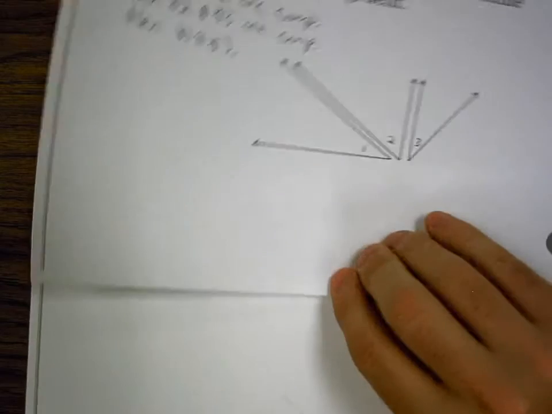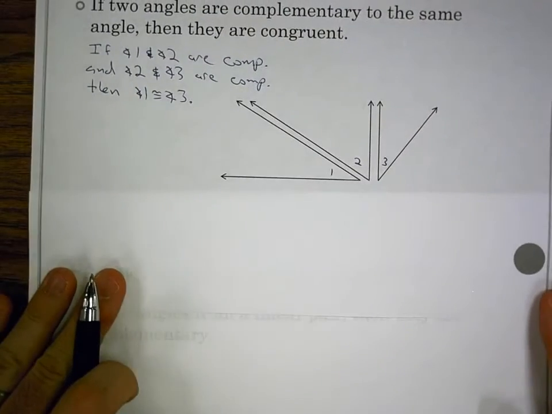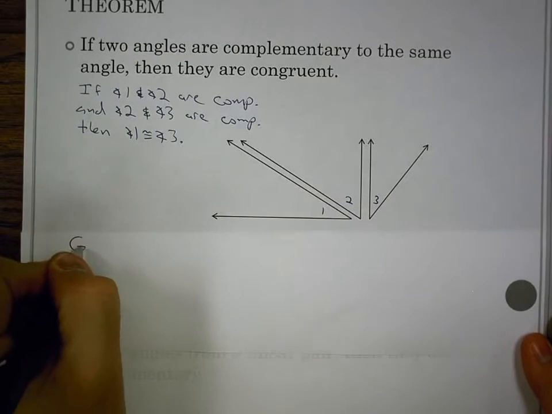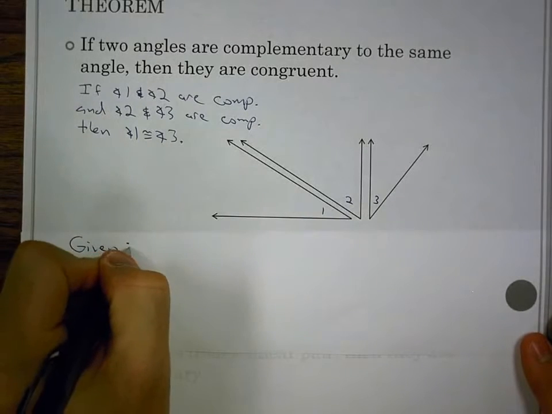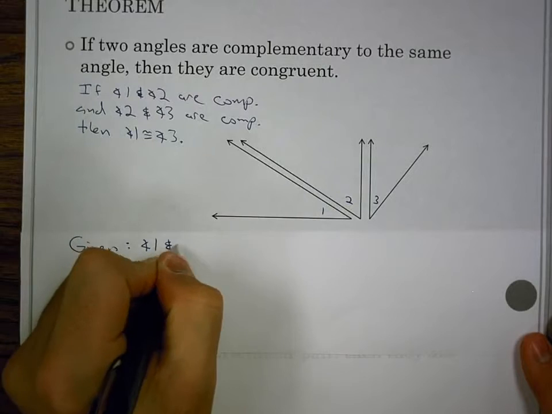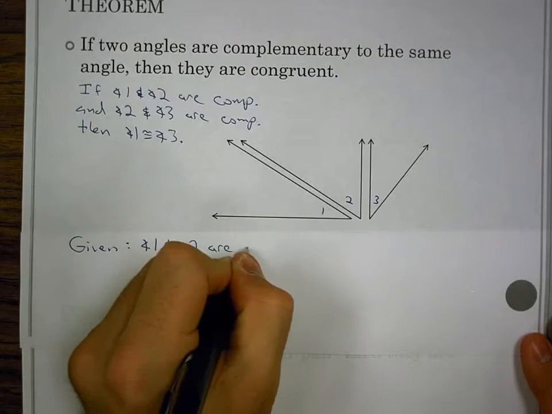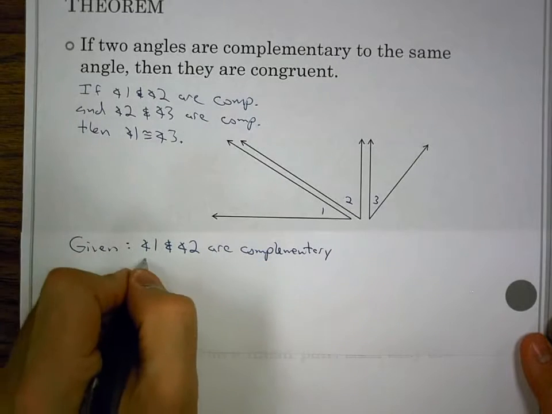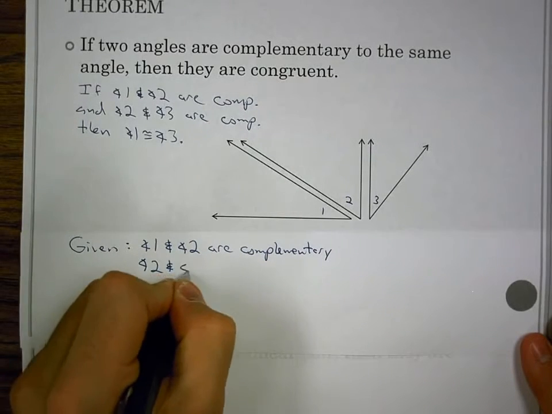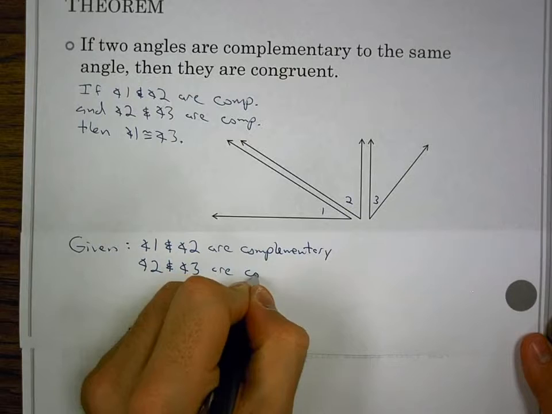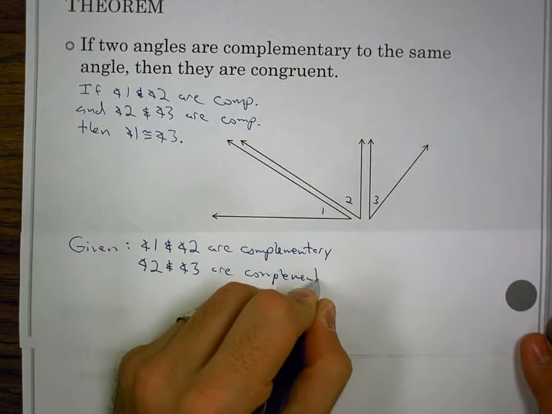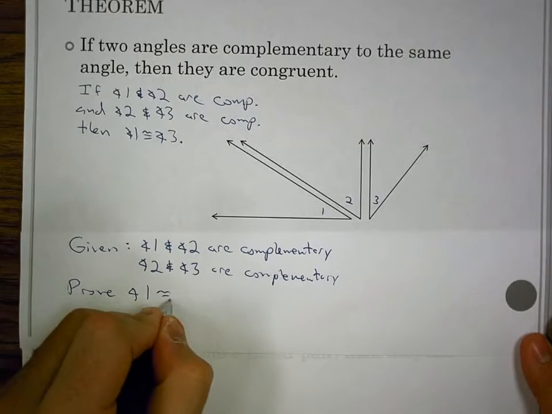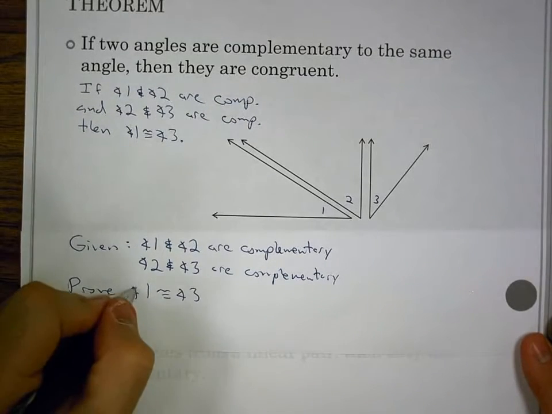So we'll just bring this down and use it here. So we're given angle 1 and angle 2 are complementary. Angle 2 and angle 3 are complementary. We need to prove angle 1 is congruent to angle 3.